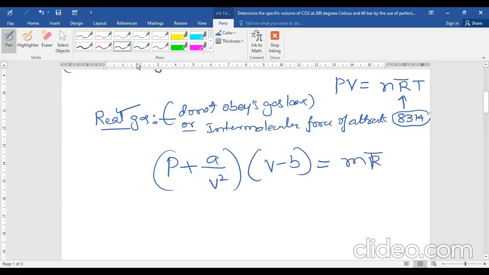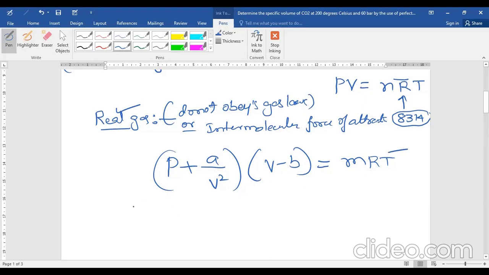What is the real gas equation? The real gas equation is the Van der Waals equation. So the Van der Waals equation is (P plus a by V square) into (V minus b) is equal to mRT.